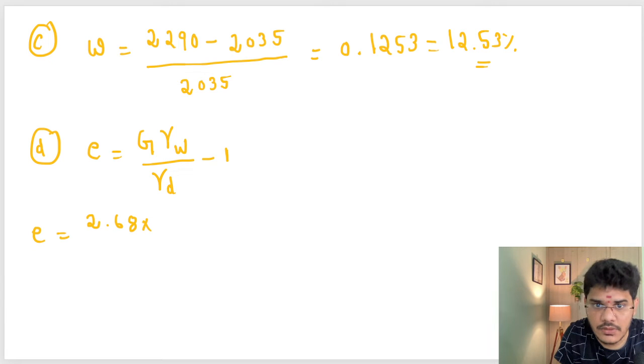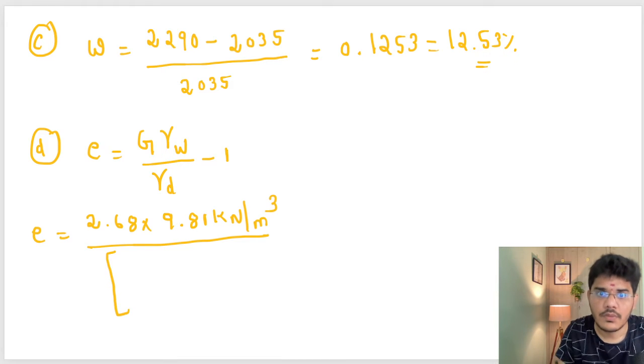So gamma W is equal to 9.81 kilonewton per meter cube, we are considering, since the gamma W value is not given. So gamma D, what can we write? Gamma D is equal to gamma by 1 plus W. Gamma means bulk density by 1 plus water content.